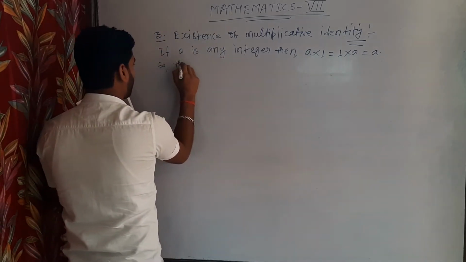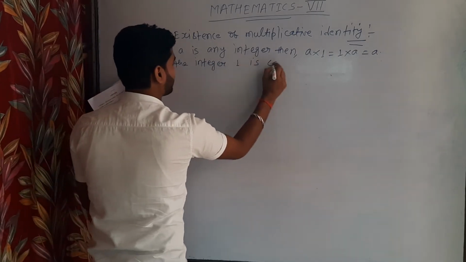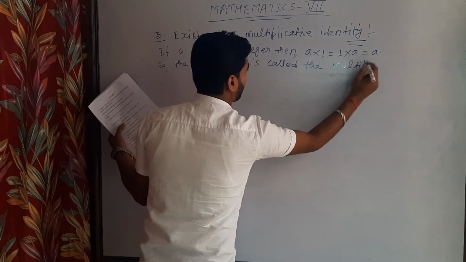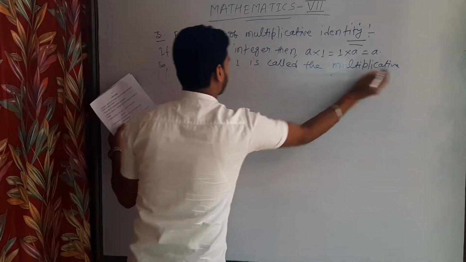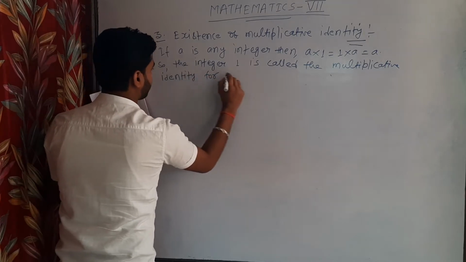So the integer 1 is called the multiplicative identity for integers.